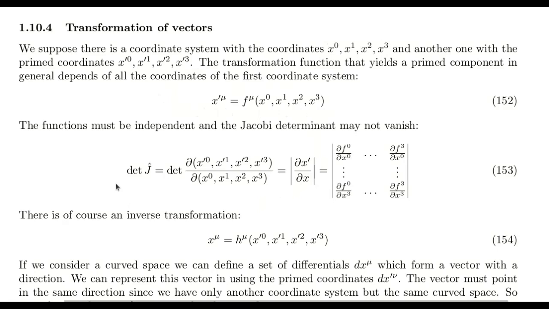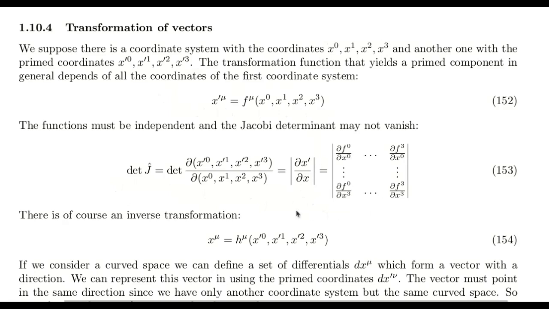We can write for the Jacobian determinant j the differential quotient with the coordinates, or easily dx primed by dx, where the x stands for all coordinates. Or we write out the determinant.